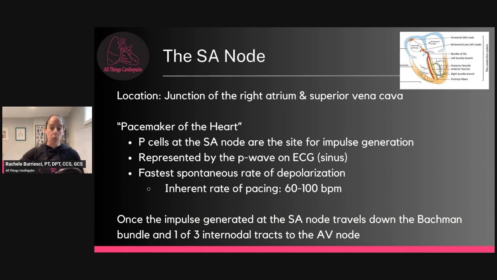So in a perfect world, our pathway starts at the SA node because one, it's located at the junction of the right atrium and the superior vena cava, aka that top right aspect of the right atrium. Two, it's the fastest spontaneous rate of depolarization. And when we think of the trajectory of impulse generation, I want you to always think down and to the left.